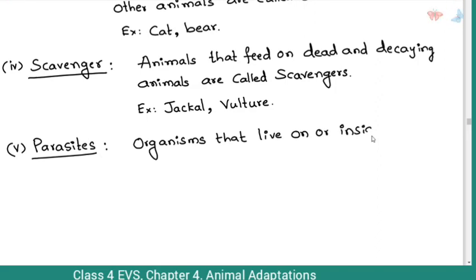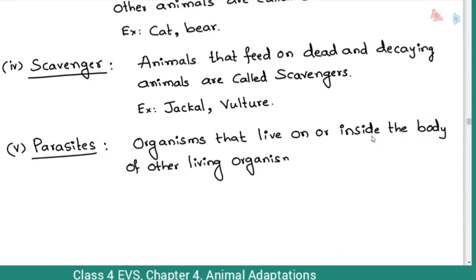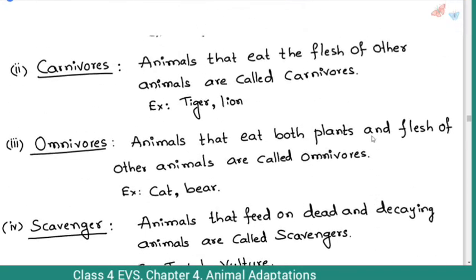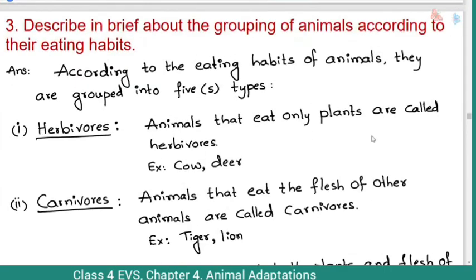Examples of parasites are tapeworm and lice. So these are the 5 types.